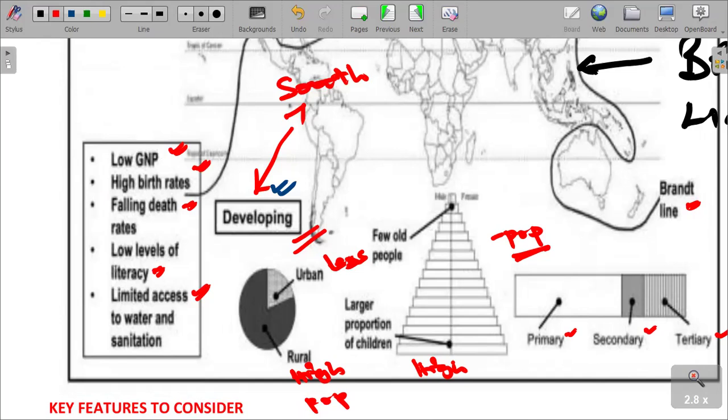People are still depending on the primary sector. As you can see, the primary sector has the highest production and contribution. The secondary sector, we are saying, is the least. We have low contribution from the secondary sector, and then averagely high contribution to development from the tertiary sector.